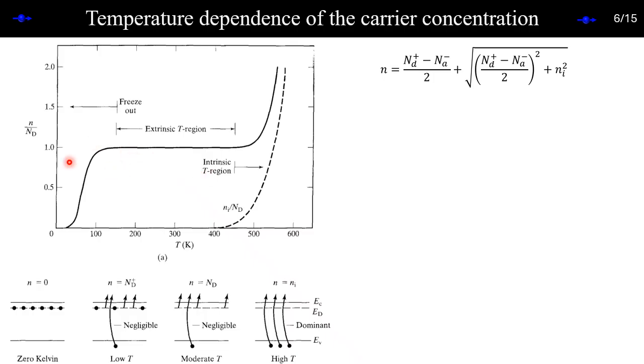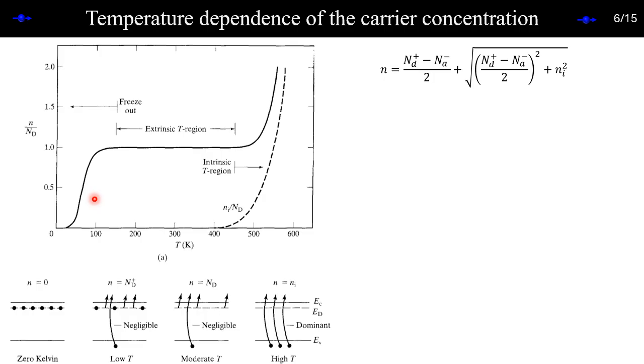So suppose I am doping intrinsic silicon with 10 raised to 15. If I ask you to find the number of electron and hole carriers as a function of temperature, how would that look?